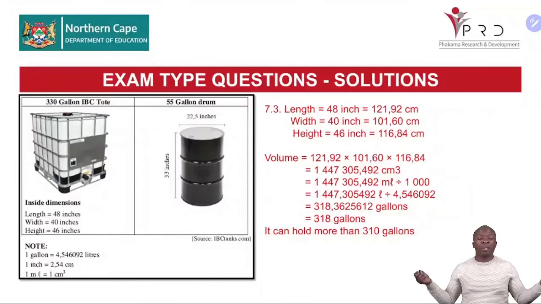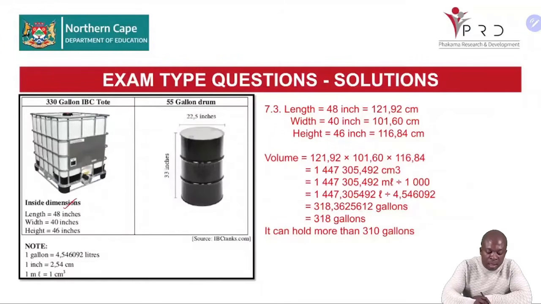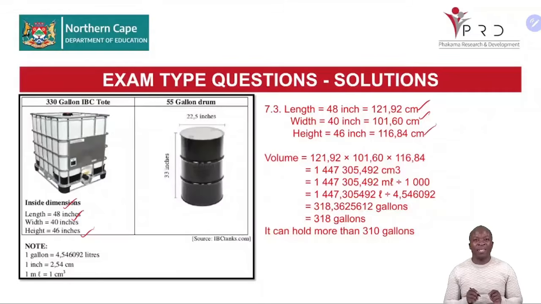So this is how it's supposed to look like. Can you see we have 48, the length, we have 40 and 46. So what you needed to do is convert all of them. And I hope you got these ones correct. Because if you got them correct, you're almost finished. Now that all your measurements are in centimeters, we are going to multiply them.